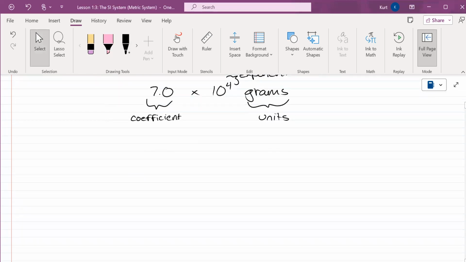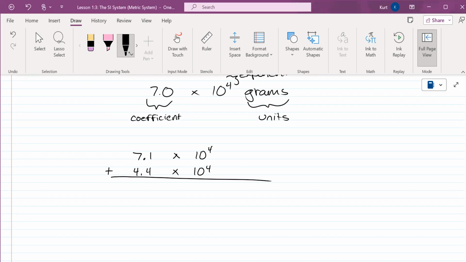So I'll give you guys an easy one. Jade, are the exponents the same?